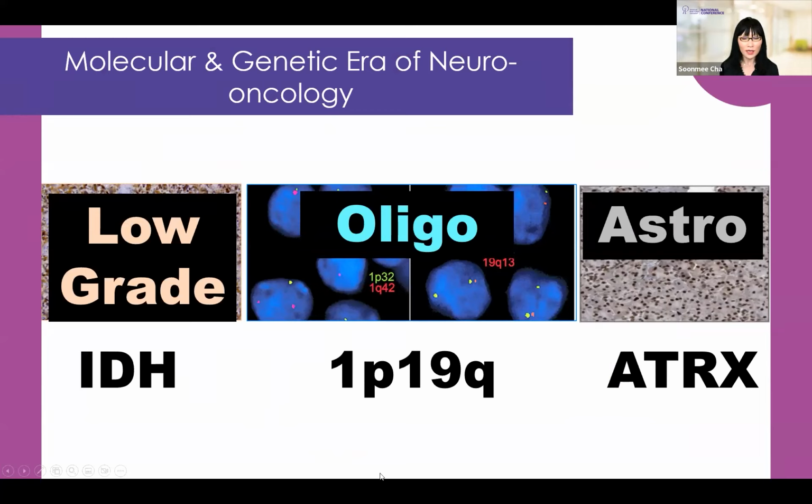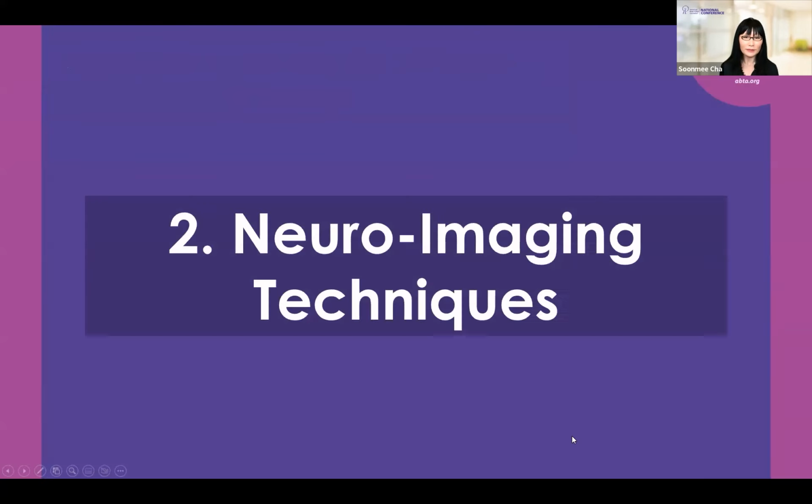And I think this type of tremendous advance is going to march ahead and take us to the next level, where these specific types of markers can actually serve as a treatment target. So I am super excited to watch and be part of these exciting molecular and genetic advances for neuro-oncology.